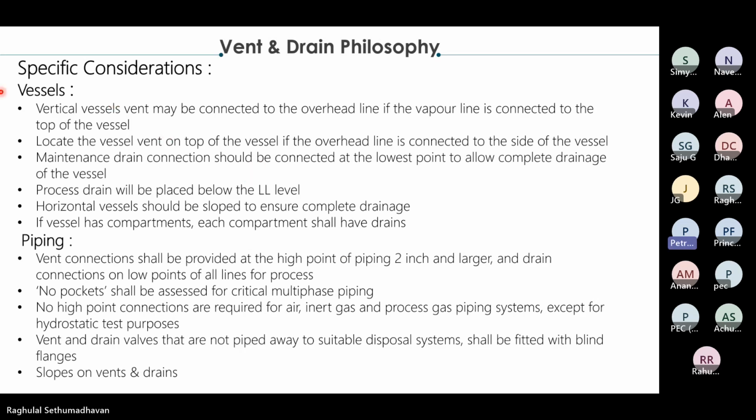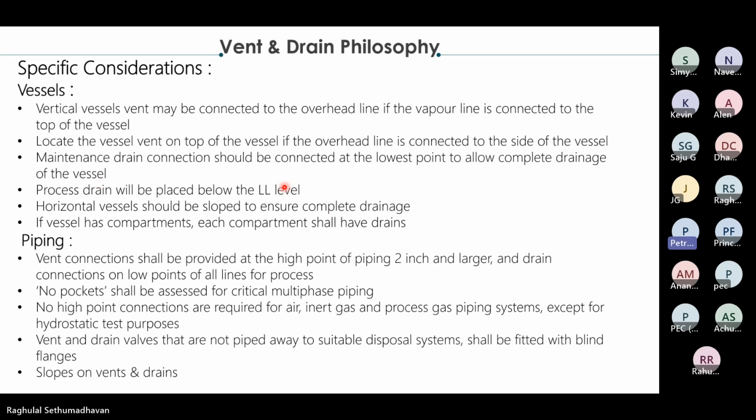For vessels, there are many considerations. Vents may be connected to the overhead line, if the vapor line is on the top of the vessel. The maintenance drain should be connected to the lowest point to allow complete drainage of the vessel.